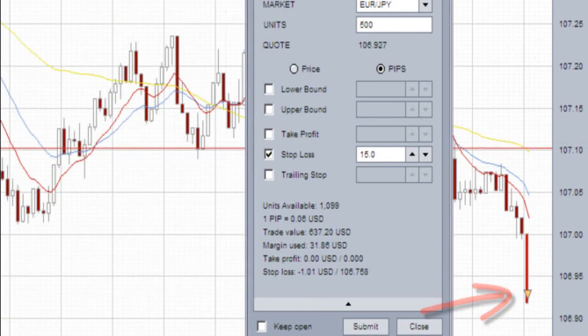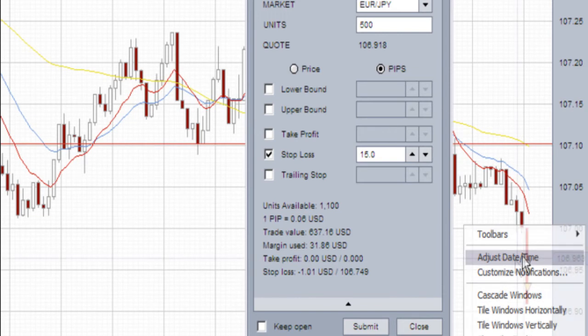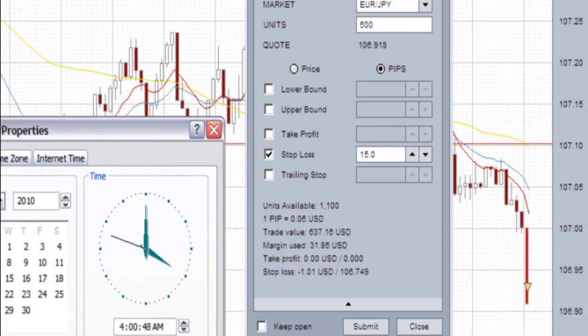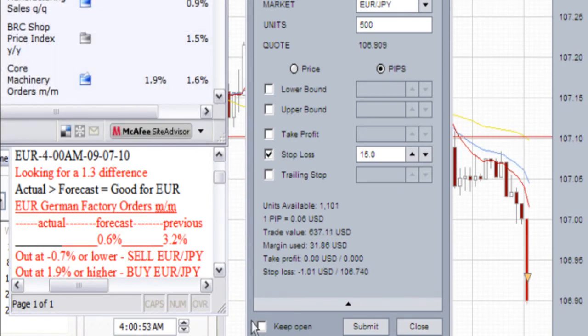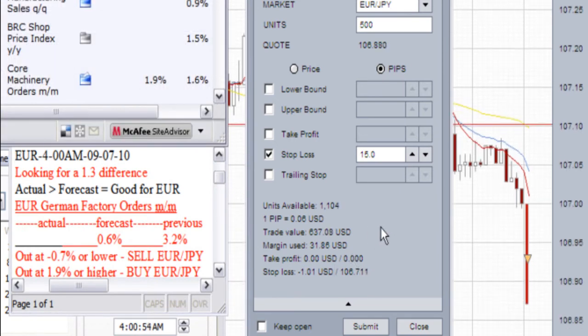There, I have entered my one and only trade for this report. There is my stop loss line.